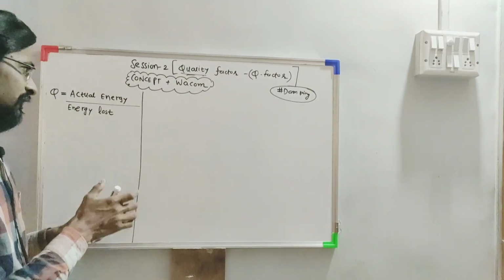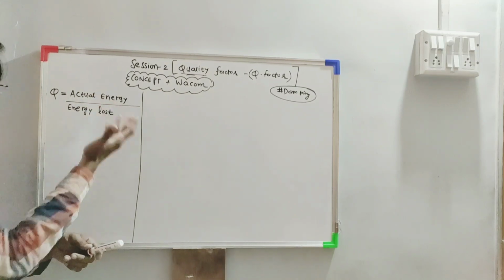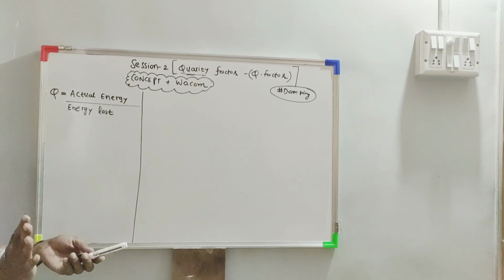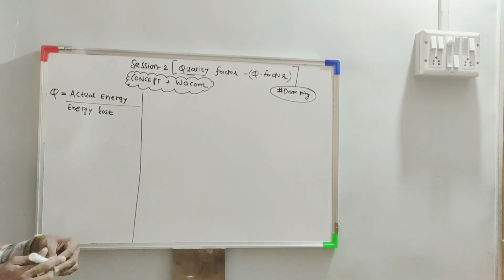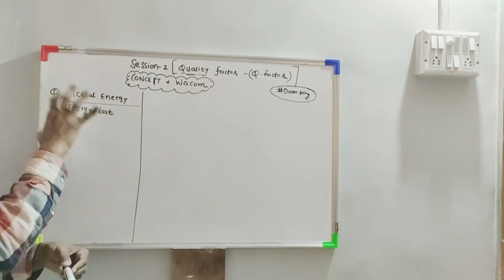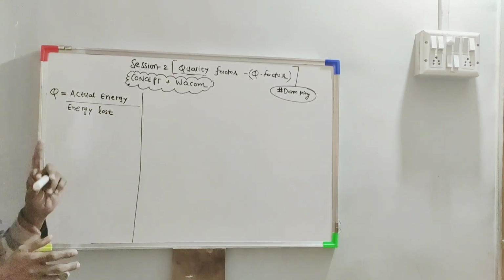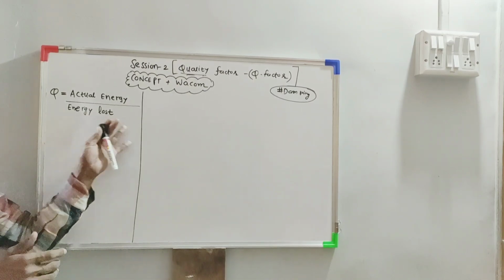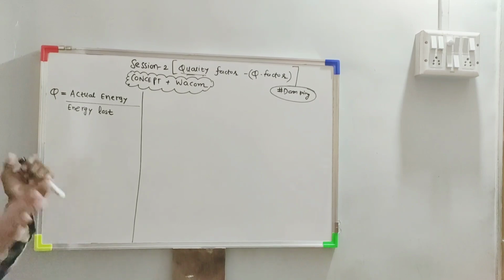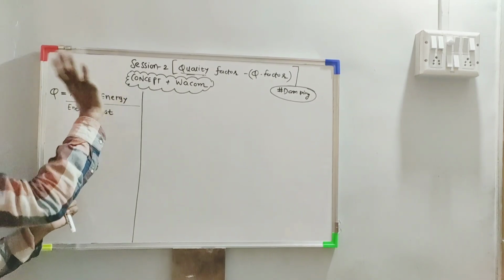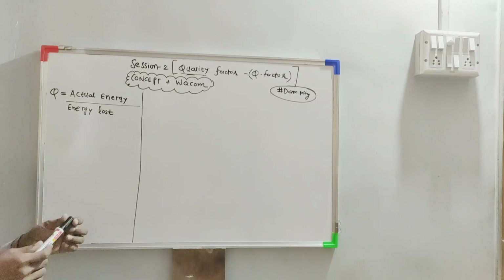Generally the concept is a ratio. This is the ratio of the same quantity, energy upon energy. So this is a constant, a unitless constant, but very important at the same time. It is the ratio of the actual energy, the natural energy it had, divided by the energy lost, or the rate of losing energy. Simply we can say it is the actual energy divided by the energy lost.